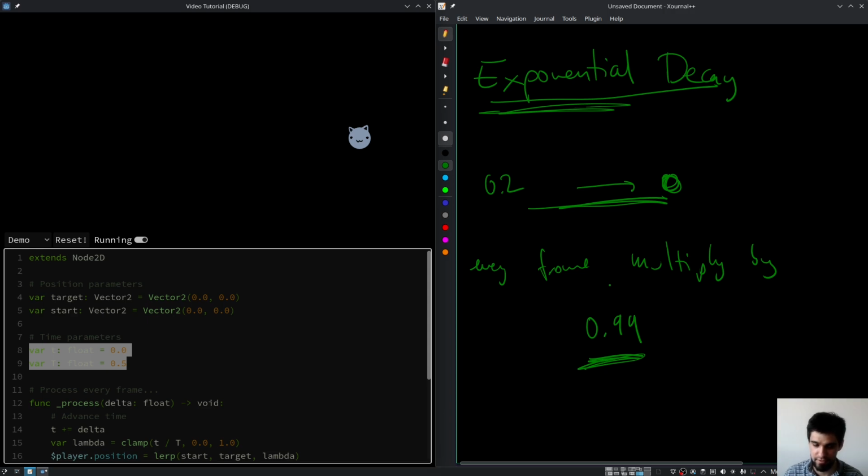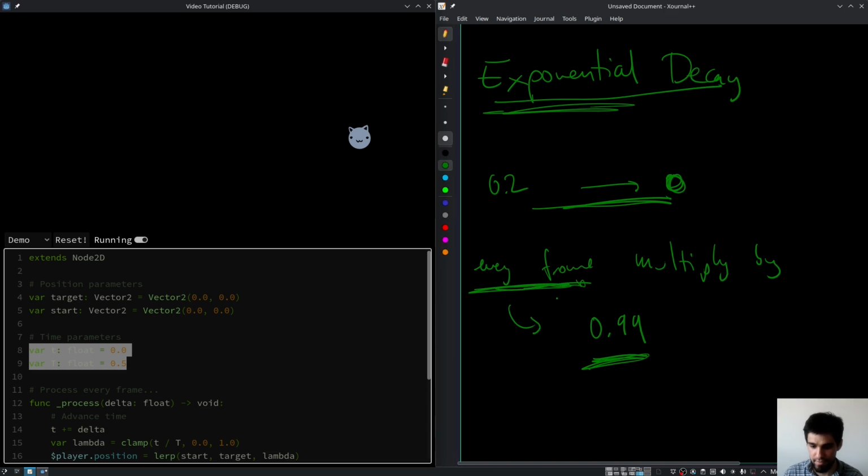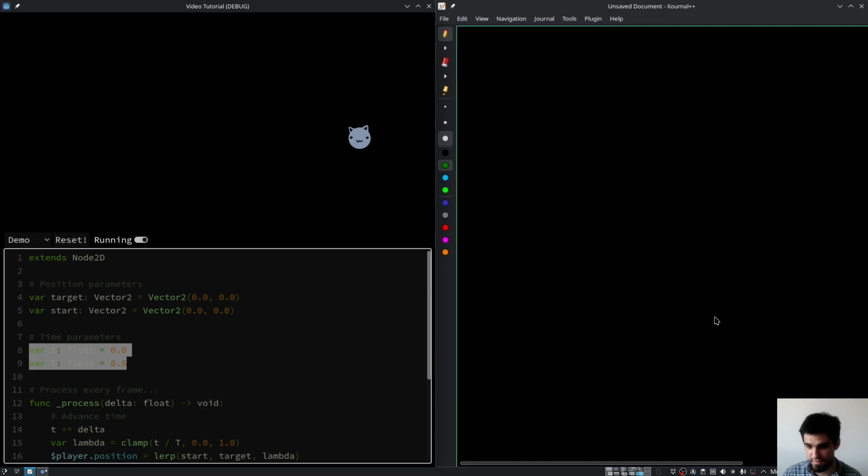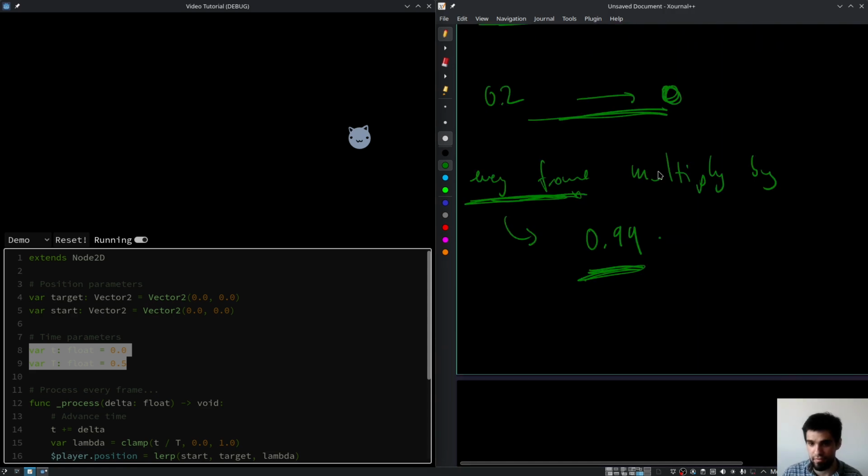So even if we start very far away, this is going to be a fairly quick process. The issue with this is that we are using a constant for every frame. But the frames might be faster or slower depending on the frame rate. So we want to do this in a way that is independent of the frame rate.